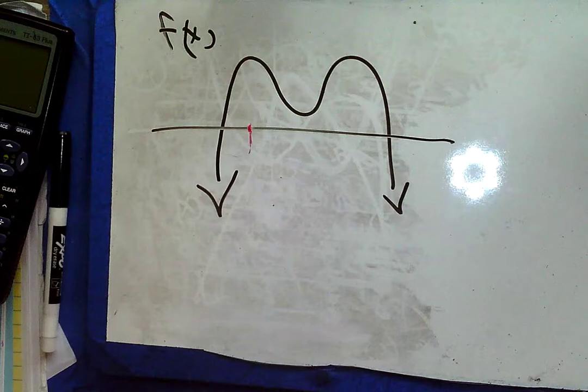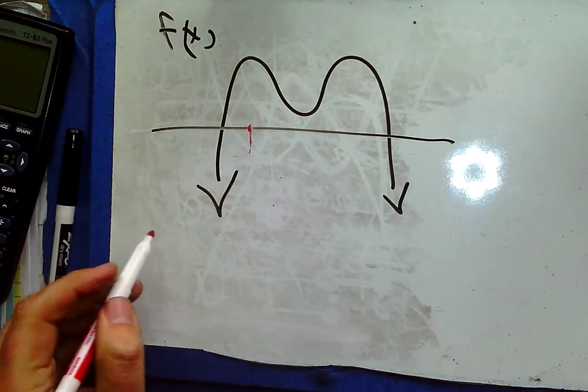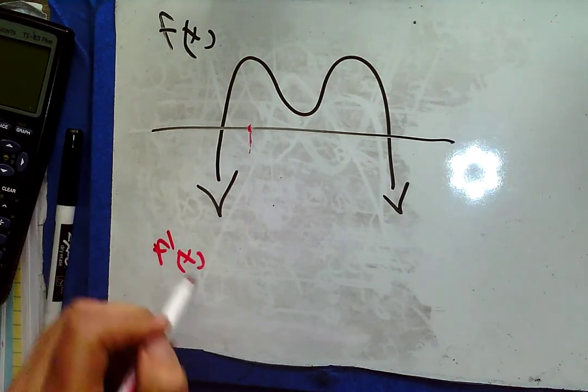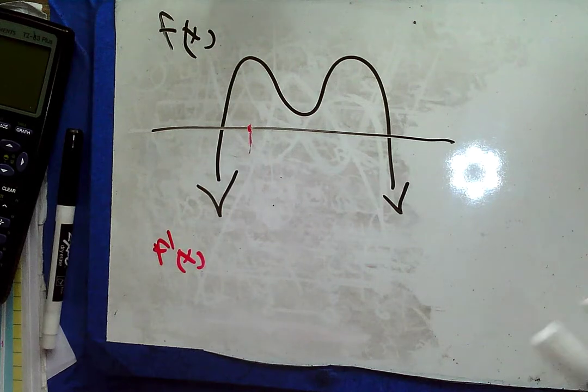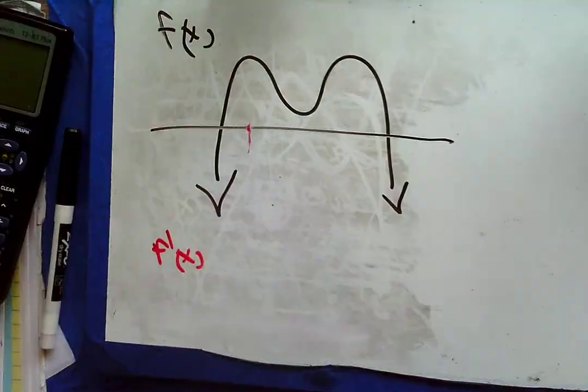Will you please draw on top of this f prime of x? Pause the video if you haven't already. Go off and give it a try. Come back when you're done.